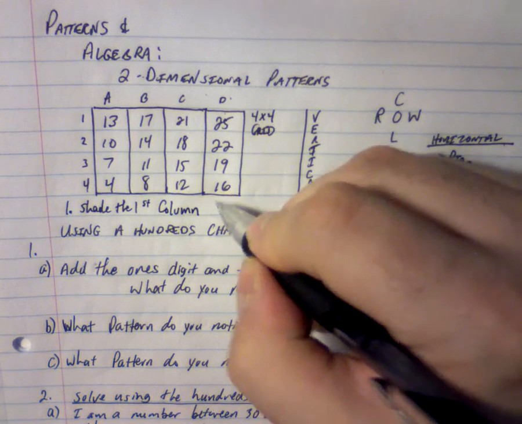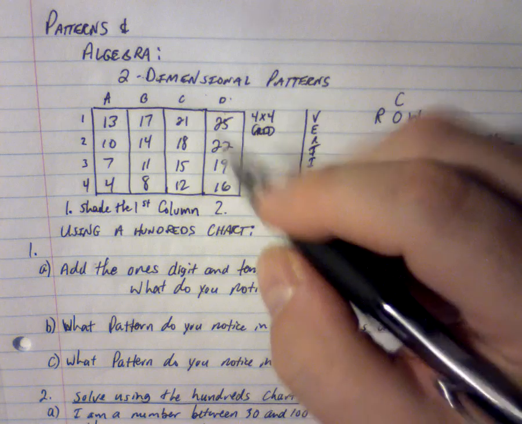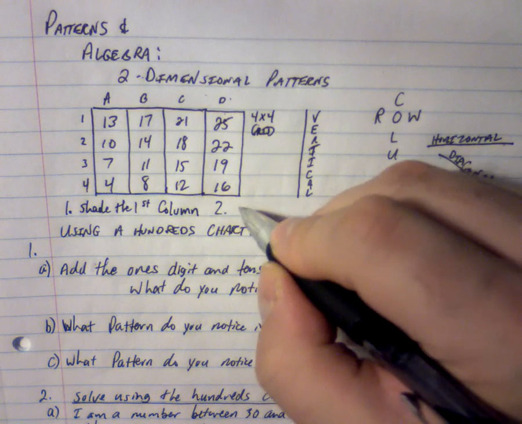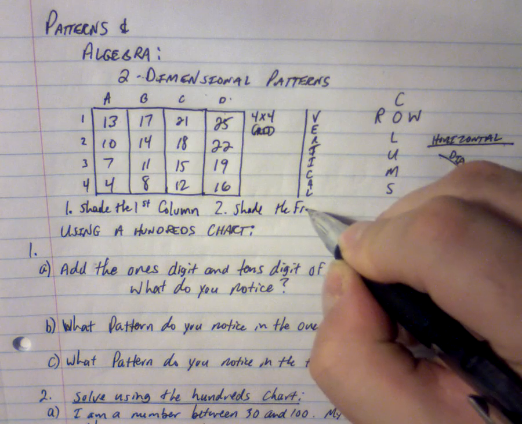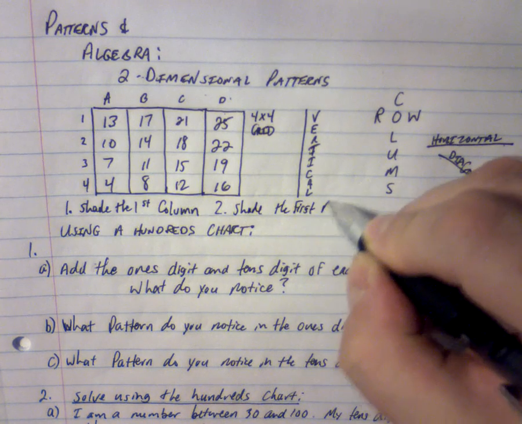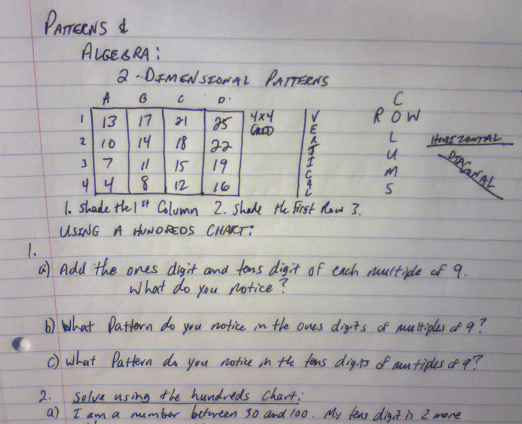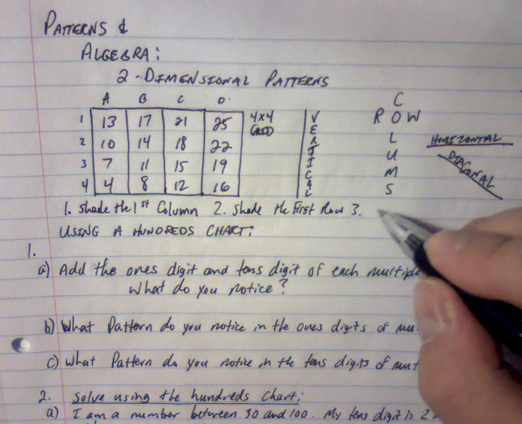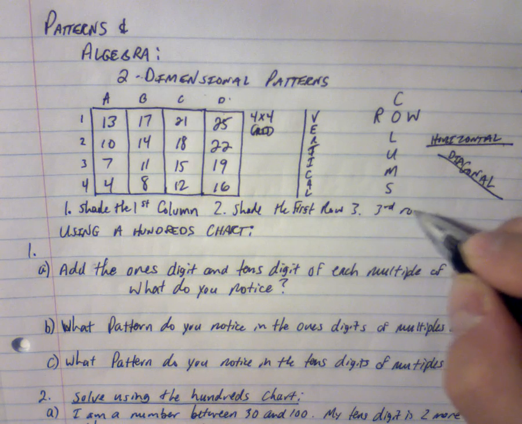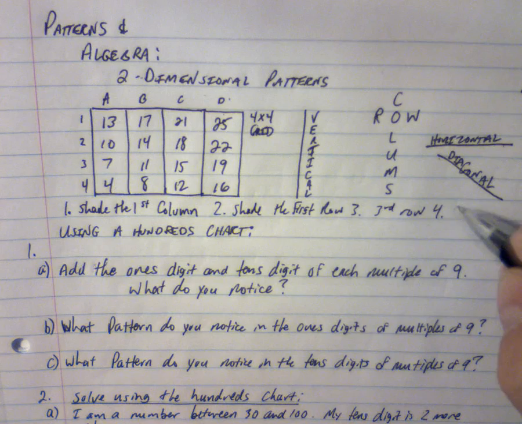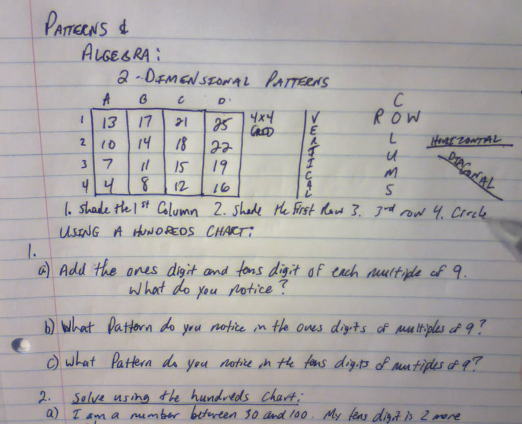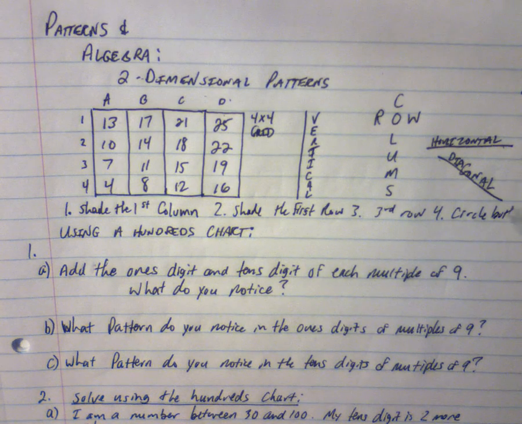Number 2, shade the first row. Number 3, shade the third row. Number 4, circle both diagonals.